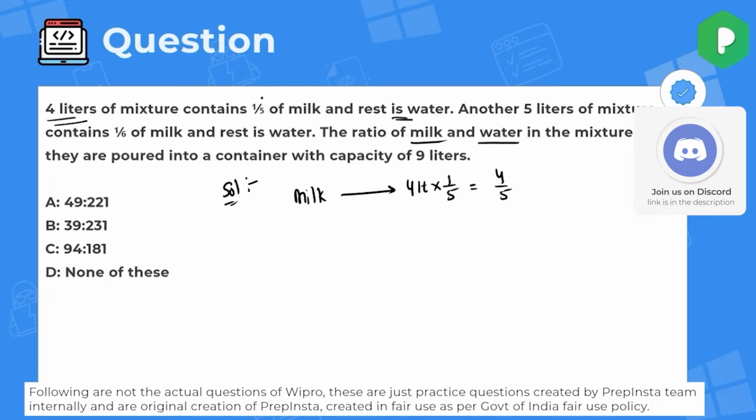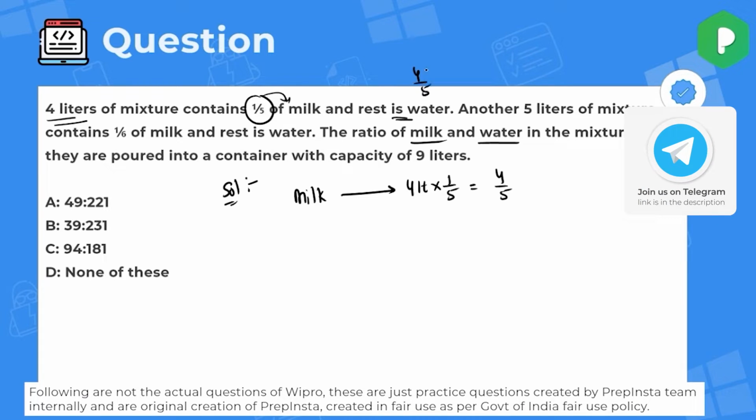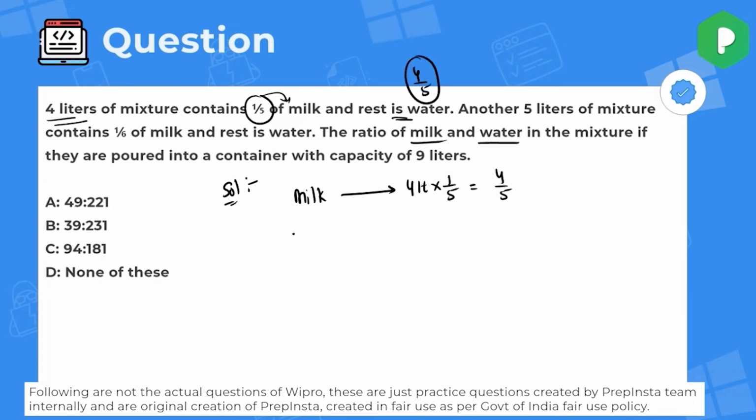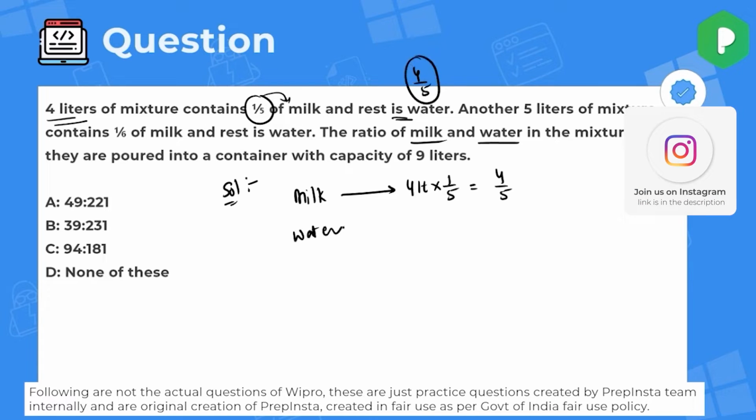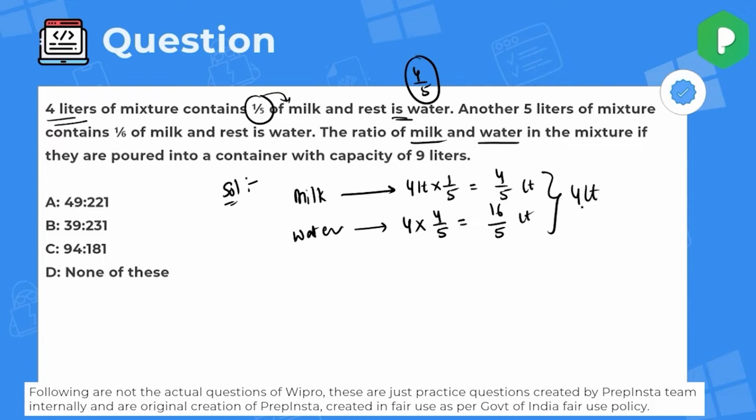So if 1/5 is milk, then water will be 4/5, right? So water quantity is 4 liters, and in that 4/5 part is water. So 4 fours are 16/5 liters. So this is the quantity of the milk and water in 4 liters of mixture.